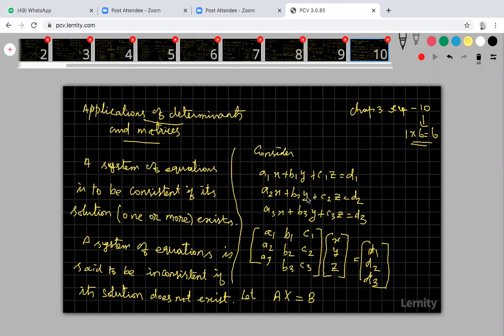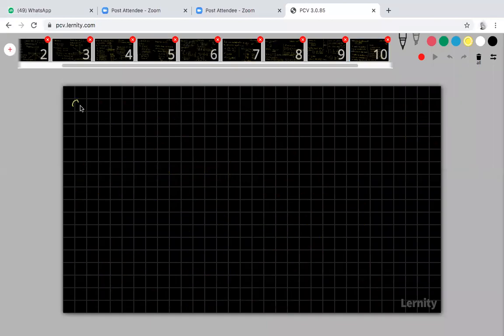Come to the first case, case 1: if A is non-singular. What is non-singular? Determinant not equal to 0. Determinant not equal to 0 means A inverse exists. If A is non-singular, then A inverse exists.